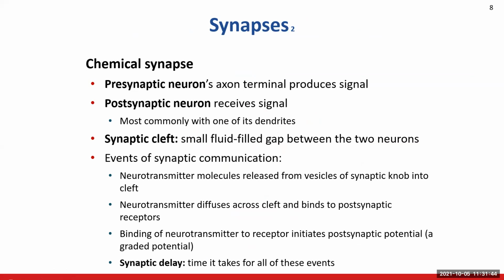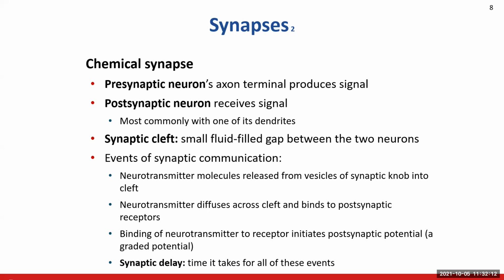So I'm going to tell you a story here. Now we're going to talk about the events of the synaptic communication. The presynaptic neuron sends its electrical signal down to the synaptic knob. What will happen is that the synaptic knob has these little bubbles sitting in it, and we'll call those vesicles.